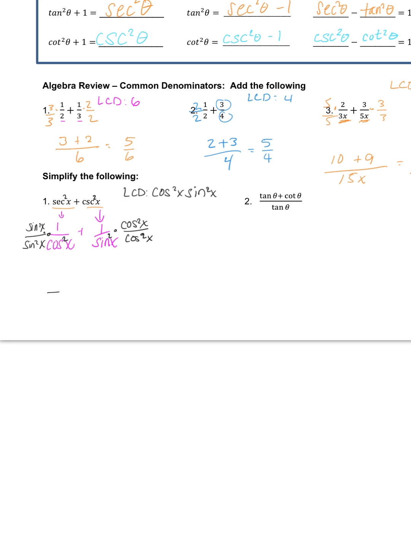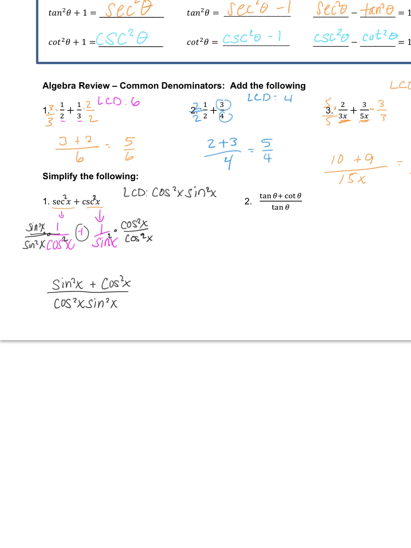So our denominator will be the LCD. And I'm going to write what I see. So I see it as cosine squared x times sine squared x. Okay, so up here, sine times 1 is just sine squared x. Here's my plus. And then 1 times cosine squared x is just cosine squared x.